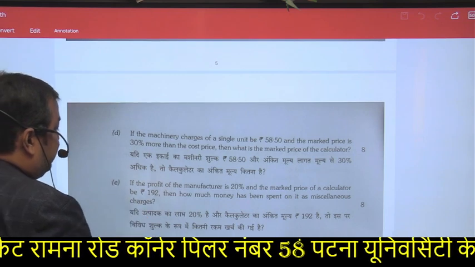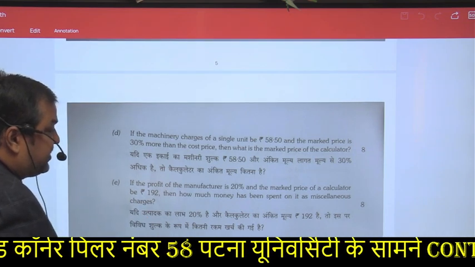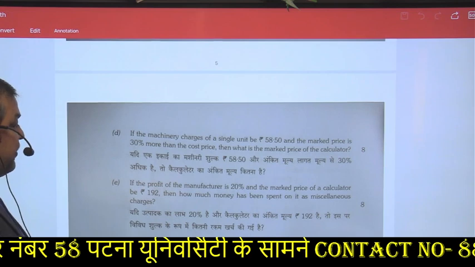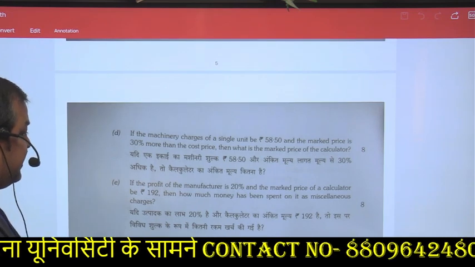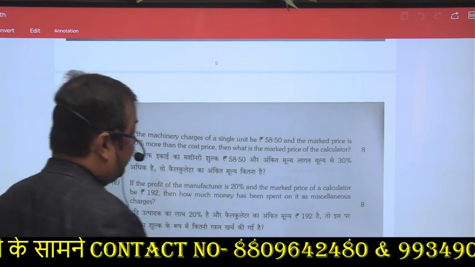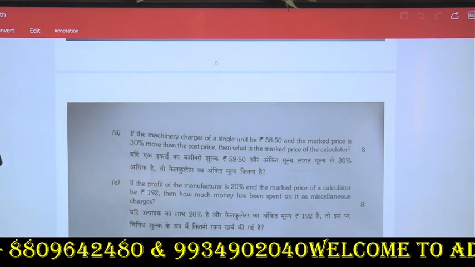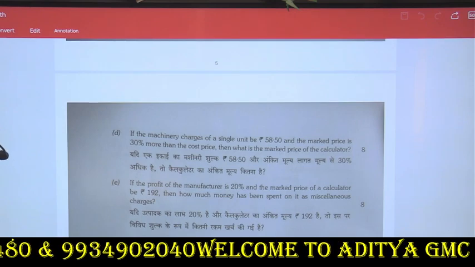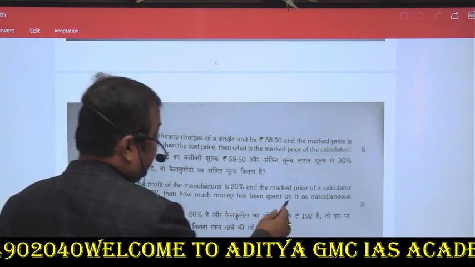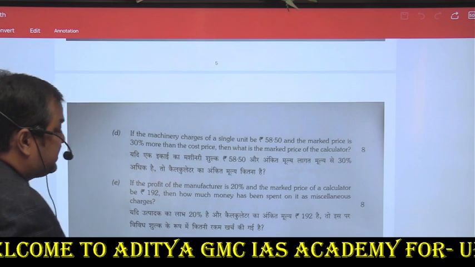Last question, if the profit of the manufacturer is 20% and the market price of a calculator be 192, then how much money has been spent on its miscellaneous part?